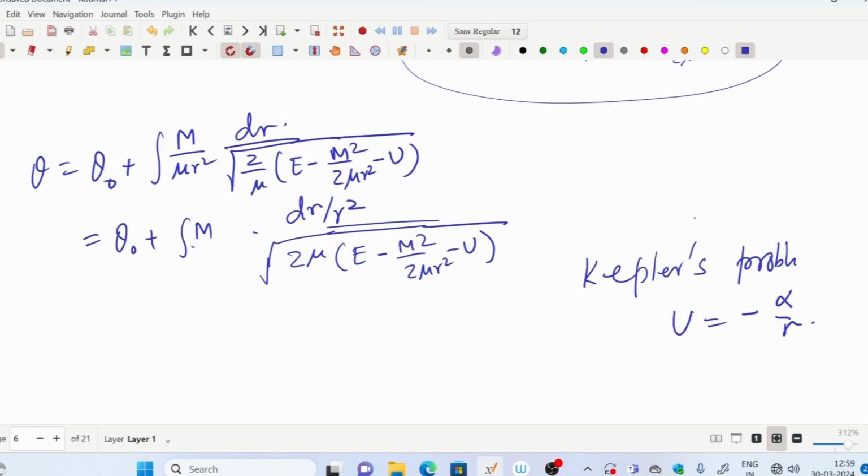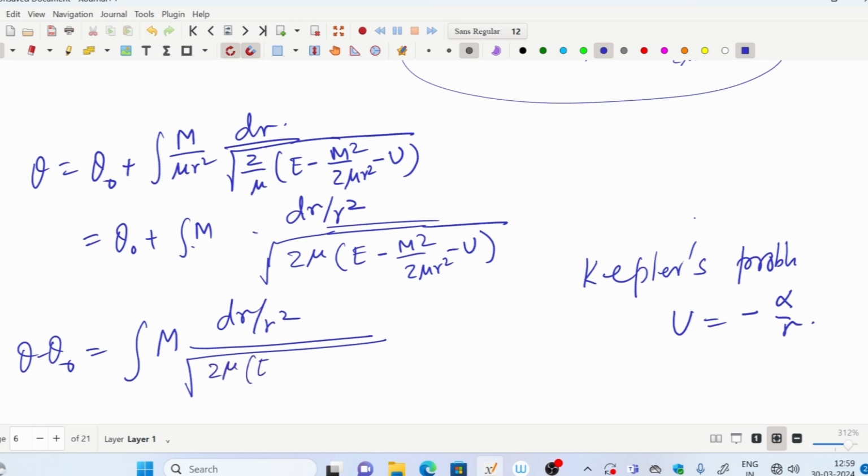So that will substitute. So theta minus theta 0 on the left hand side is m, which I can take outside also because it is constant for the central force problem, and then we have 2 mu E minus m square over 2 mu r square plus alpha by r coming from the central force potential.